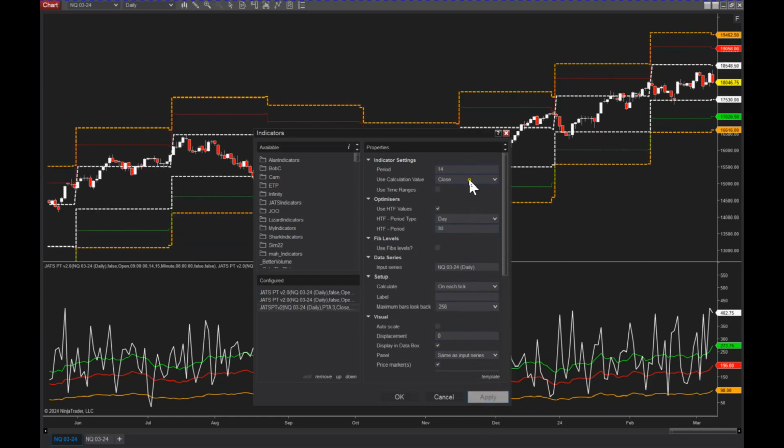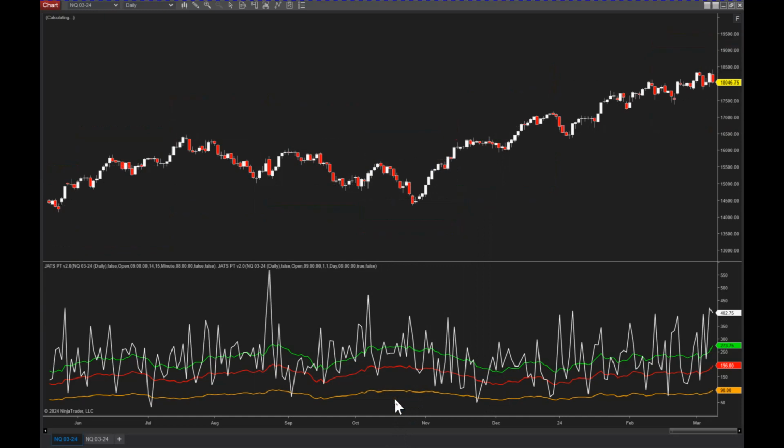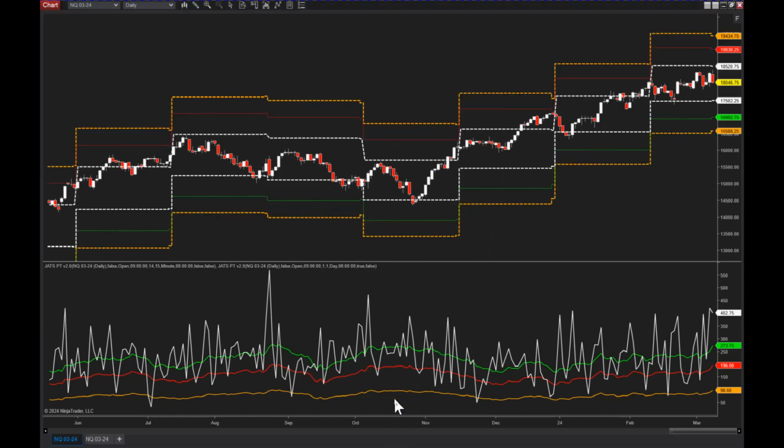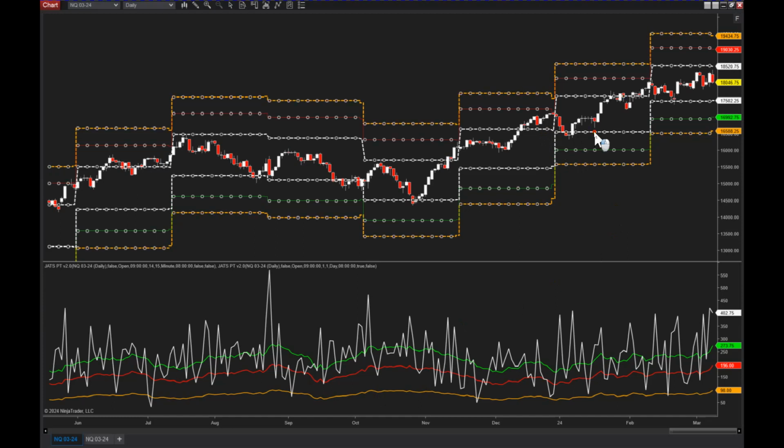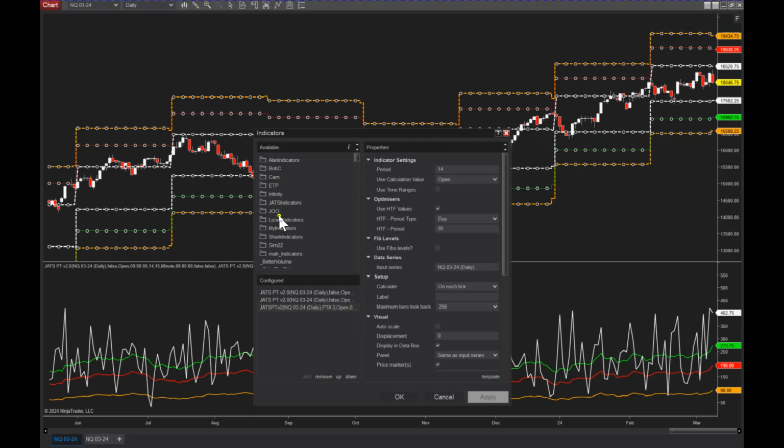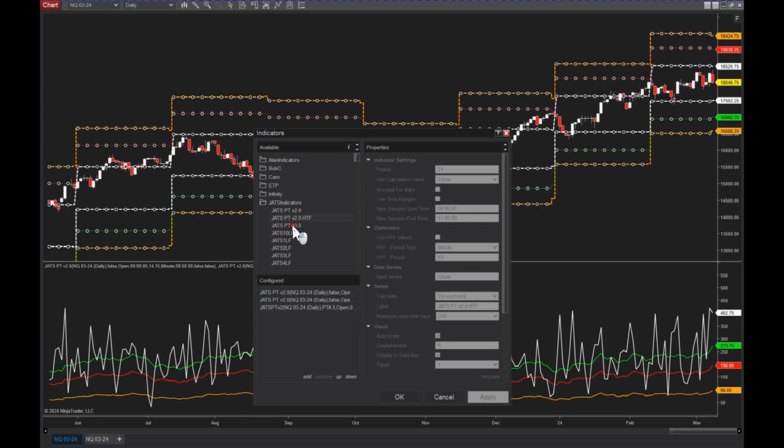And I'm going to go ahead and change this back to the open. So you can see these ones. Actually, we're going to put a monthly on top of it real quick, and then I'll talk about the individual levels.